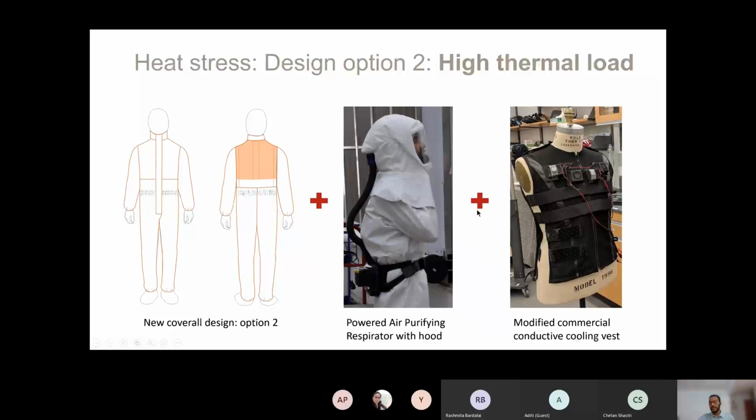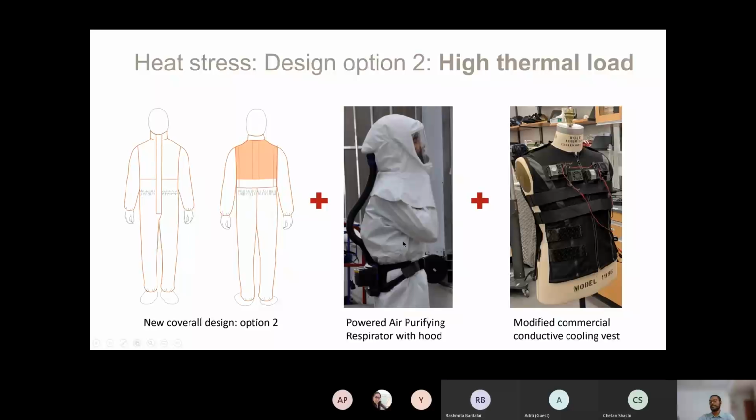Both these devices allow greater mobility without being tethered to a liquid cooling device or an air cooling device, where there would be mobility impairment. With the conductive cooling device, you can select the degree of cooling, and it keeps the individual cool.